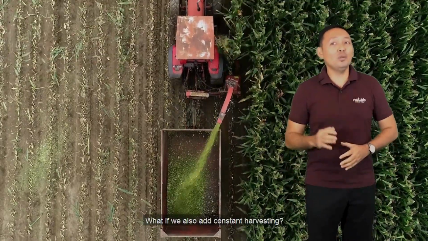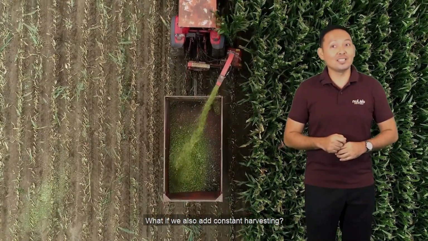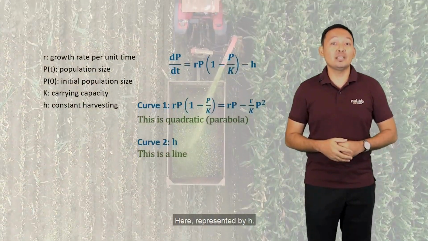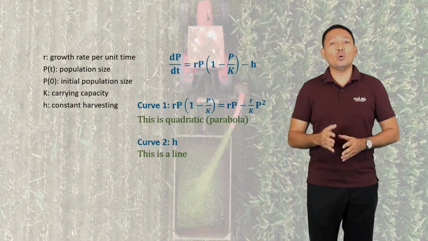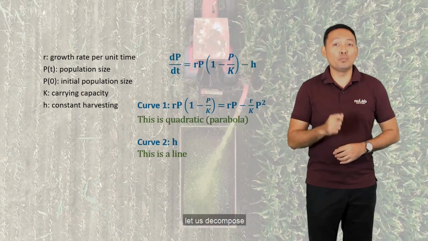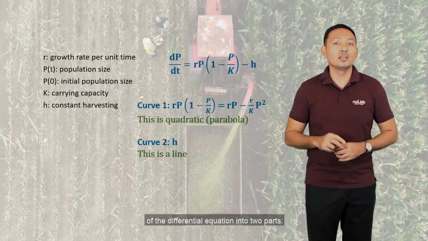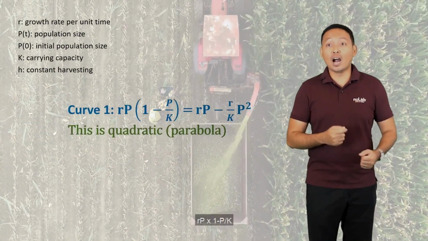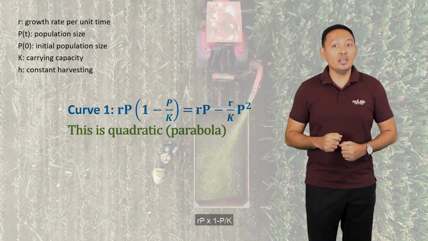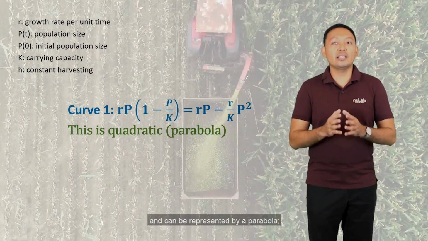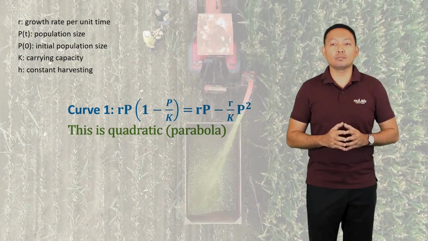Okay, what if we also add constant harvesting, here represented by H? To analyze this, let us decompose the right-hand side of the differential equation into two parts. The growth curve, rP times 1 minus P over K, which is quadratic and can be represented by a parabola.